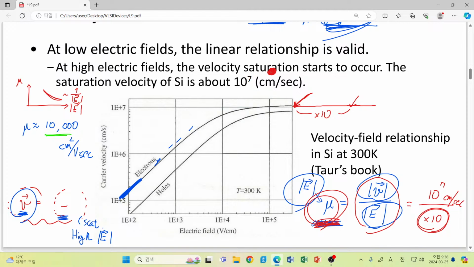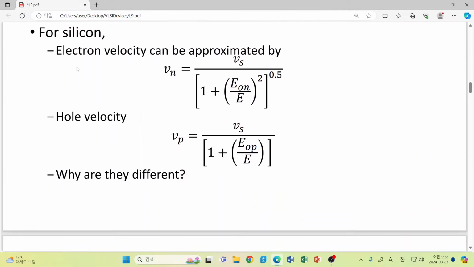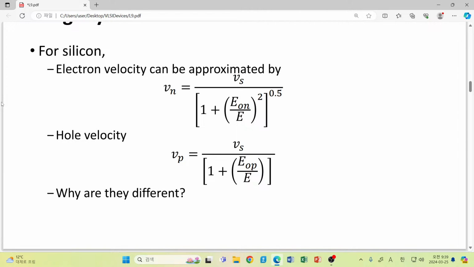The mobility should be defined in the low electric field region, and this is just a description of your velocity versus electric field behavior. So in order to describe this, some researchers introduced this kind of description. Here and there, the measured electron velocity or measured hole velocity is written in this form, and here V sub s corresponds to the saturation velocity, which is quite close to 10 to the 7 centimeter per second.